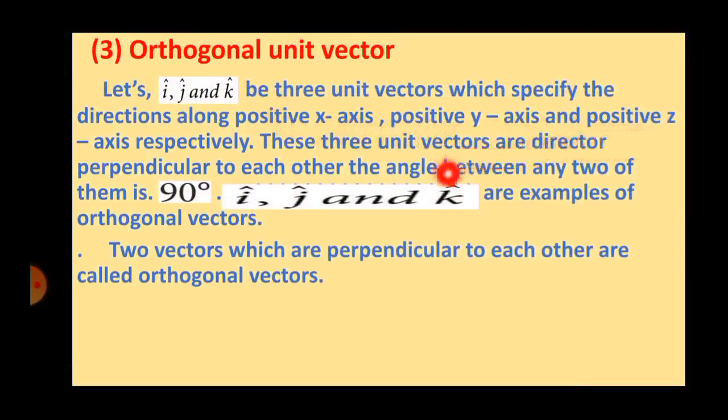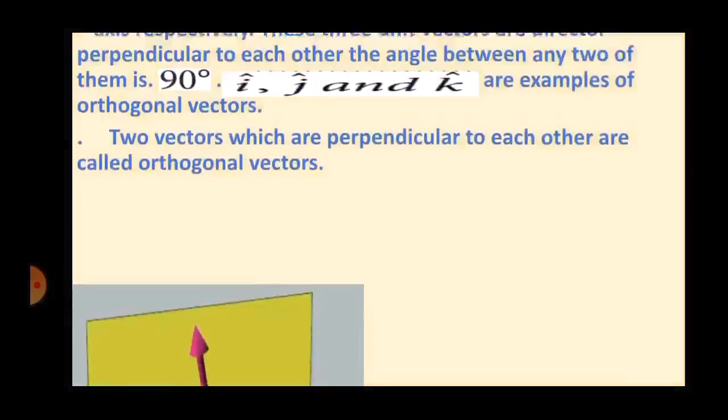These three unit vectors are directed perpendicular to each other. The angle between any two of them is 90 degrees. So students, i unit vector, j unit vector and k unit vector are examples of orthogonal vectors. Two vectors which are perpendicular to each other are called orthogonal vectors.